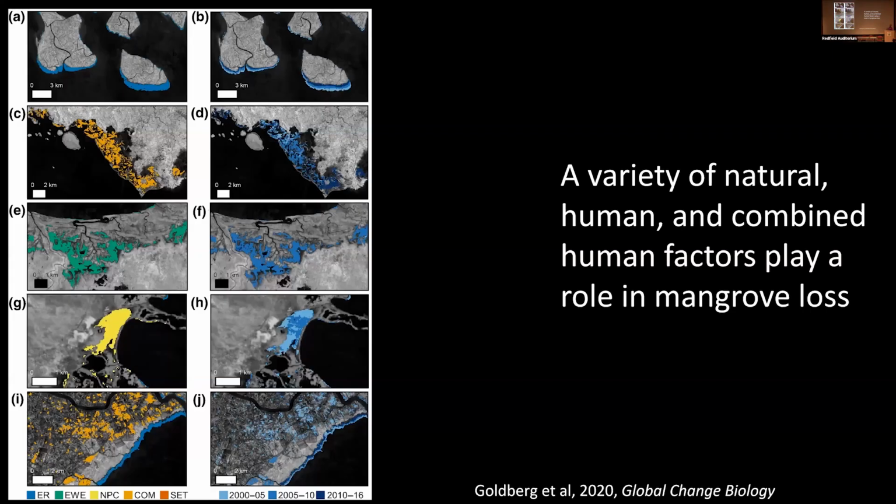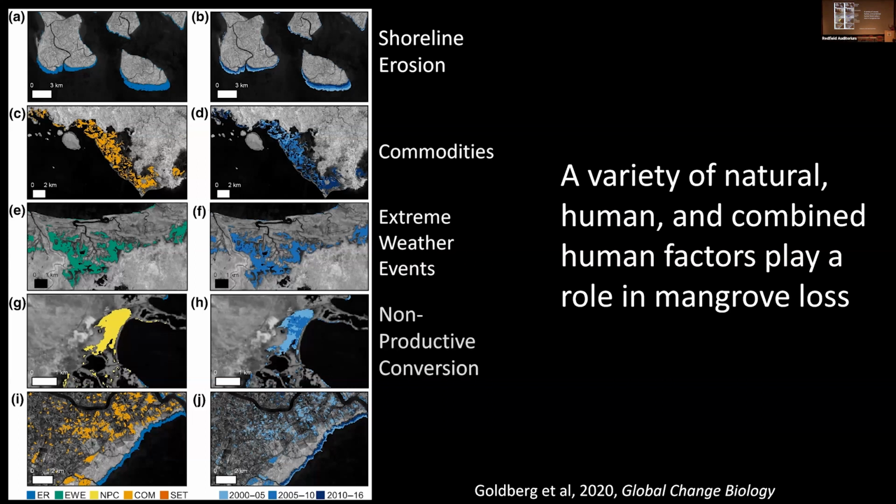And so we've done this at the global scale, and we've separated this out into various drivers of change. There's a number of things that play a role, both on the natural and human sides, that contribute to these losses, where we have shoreline erosion, the conversion to commodities, extreme weather events, non-productive conversion, so thinking about putting a road in that's changing the hydrology, right, how that may impact that system because you essentially cut it off.